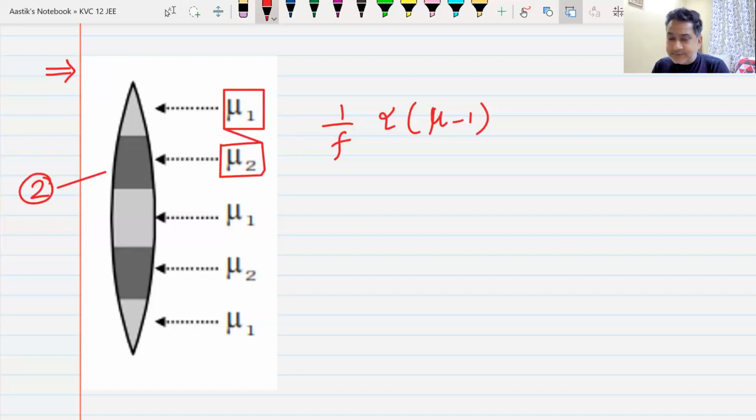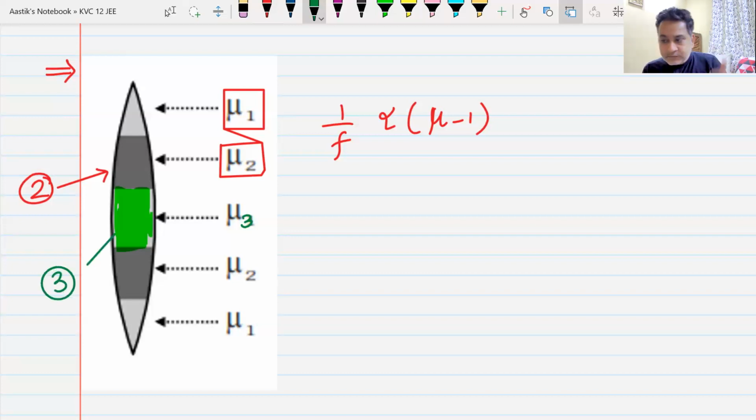Do we understand this? If I change this question and make the middle one mu3, so mu1, mu2, mu3, mu2, mu1, now the answer would be 3.